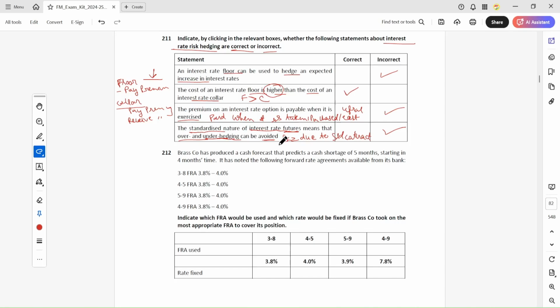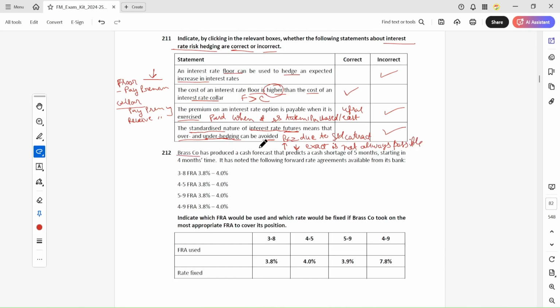So sometime our hedging is higher, sometime our hedging will be lower. So exact hedging is not always possible. Okay, so this is incorrect.